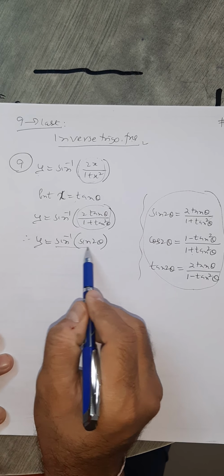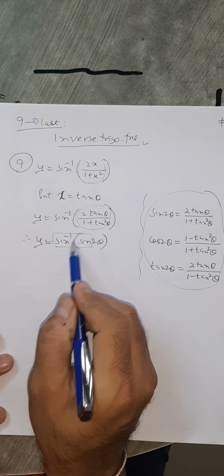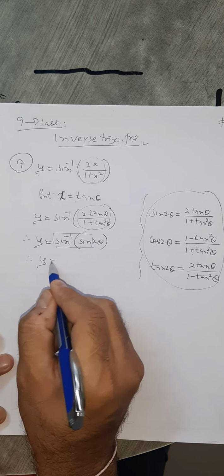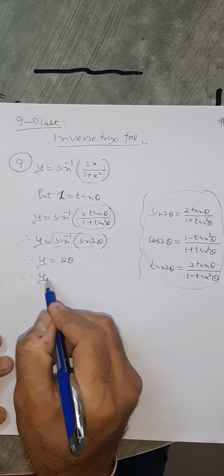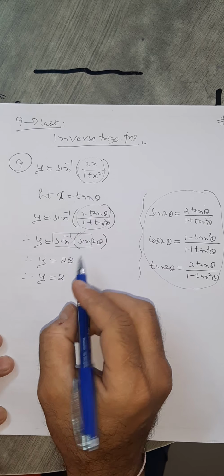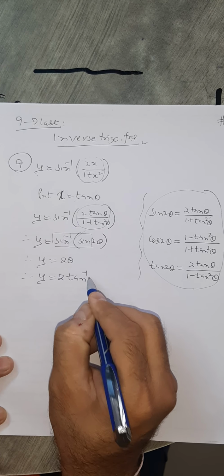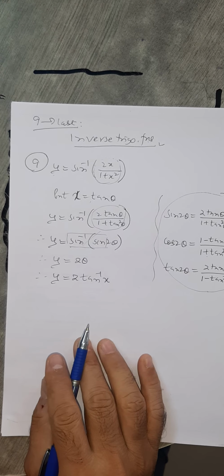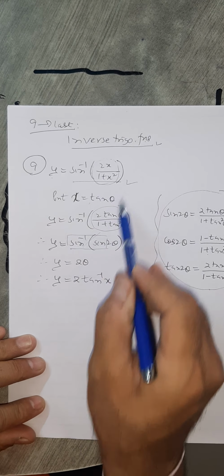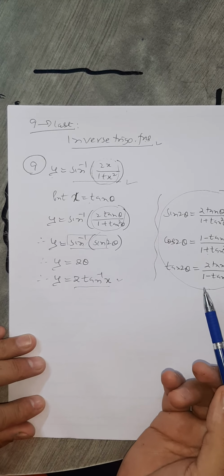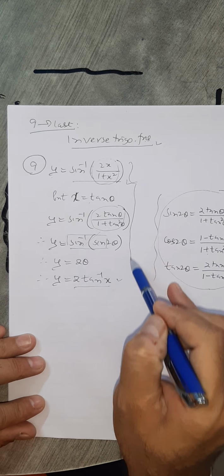Okay, now this sine inverse sine 2 theta, the sine inverse and sine will get cancelled, from inverse trigo. So you are getting y equals to 2 theta. What is theta from this? You know, theta from this is tan inverse x. So this is simplification. Such questions you did in chapter number 2. If you have this, prove this. Such things you did. This is chapter number 2, remember.